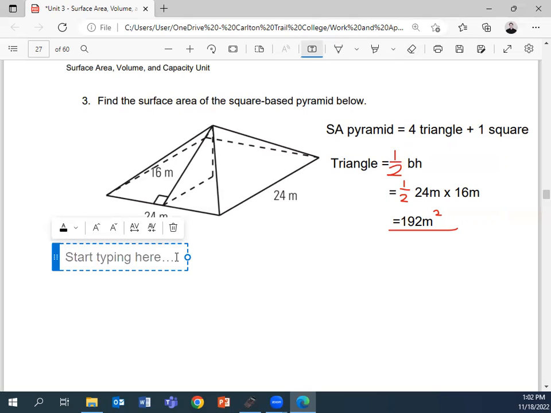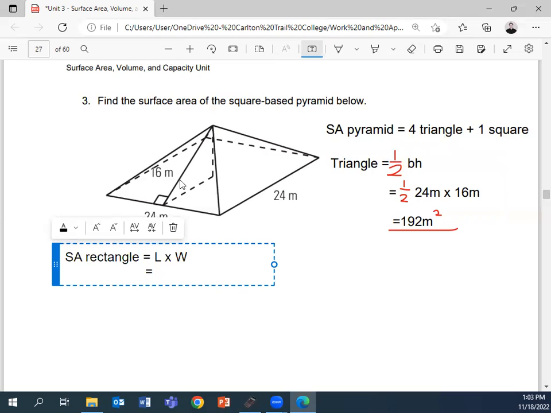Okay, now I'm going to find the area of my square. Area of a rectangle is just length times width, right? What's my length? Length would be 16.